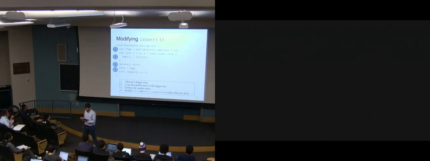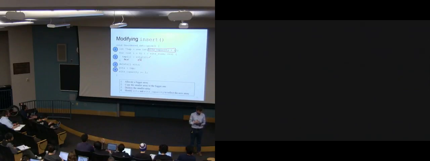Look, so step 1, allocate a bigger array. Capacity plus 1. Bigger array, right? Spot for one more. Okay, cool. And then we will copy the contents from the old array to the new array. Then we will delete the old array.